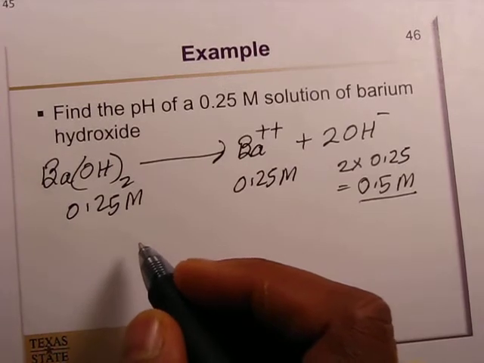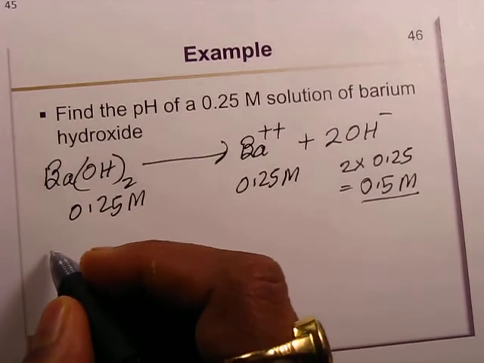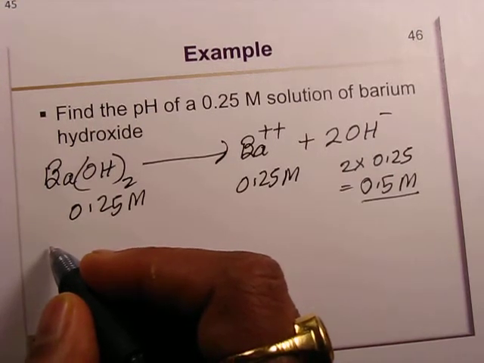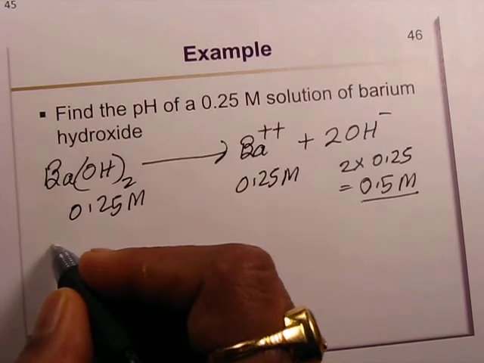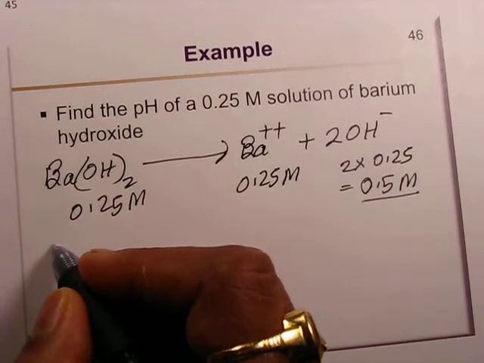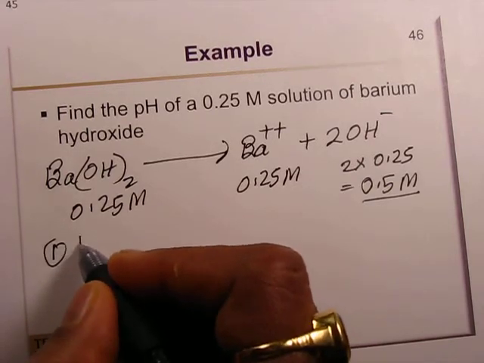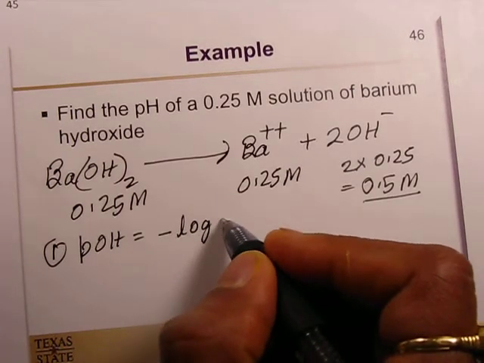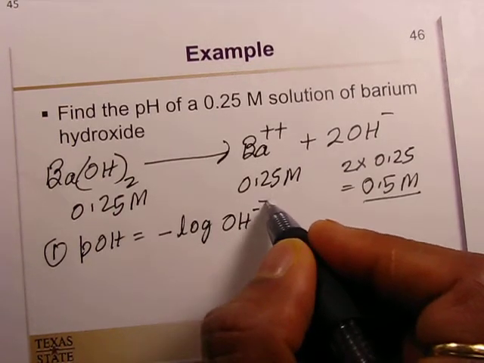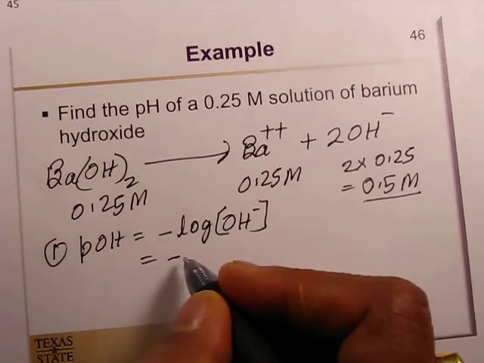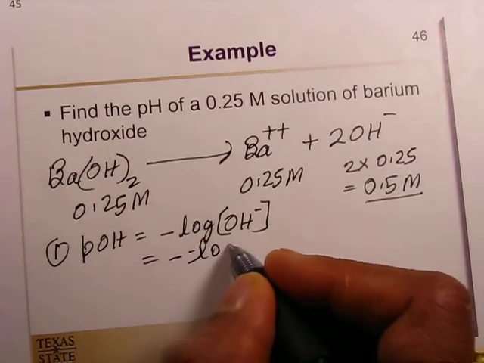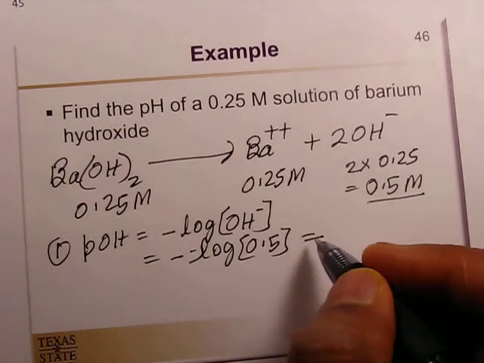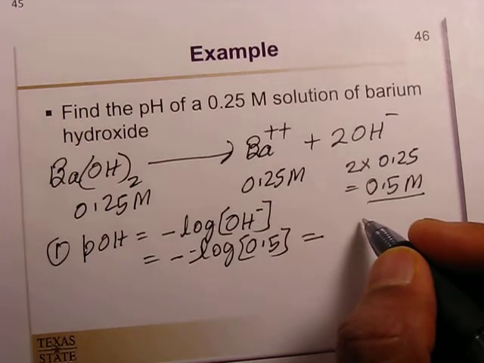And now they are asking us to find the pH of this solution. There are two ways we can calculate the pH. Number one, let's do it this way: pOH first, which is minus log of the OH ion concentration, that is minus log of 0.5, and this will be 0.3.